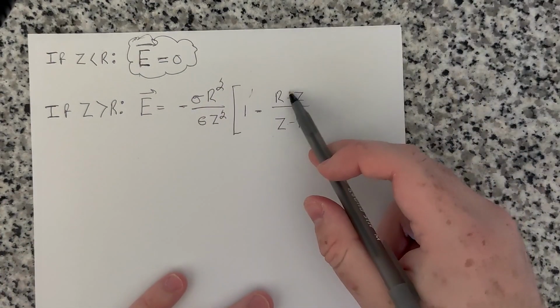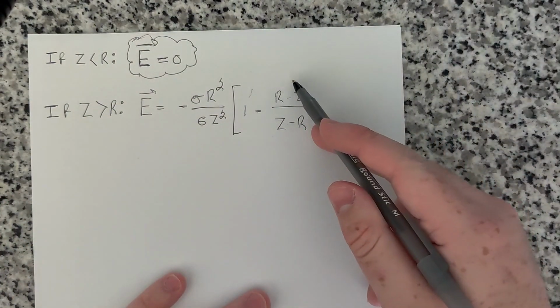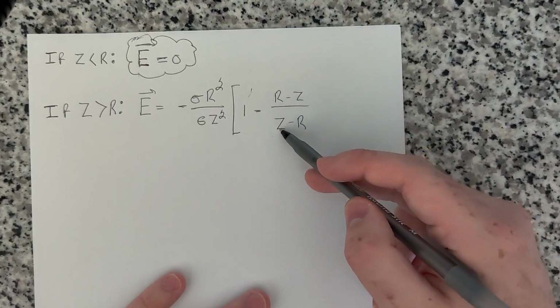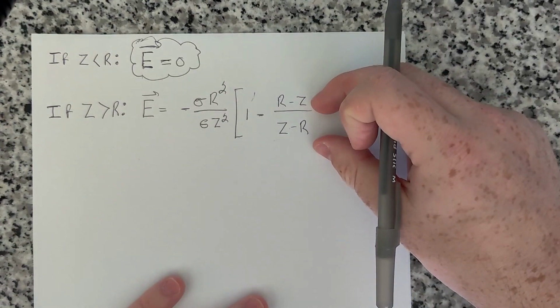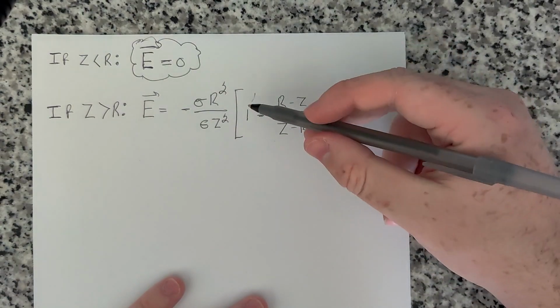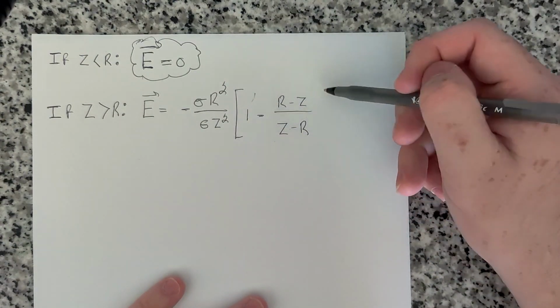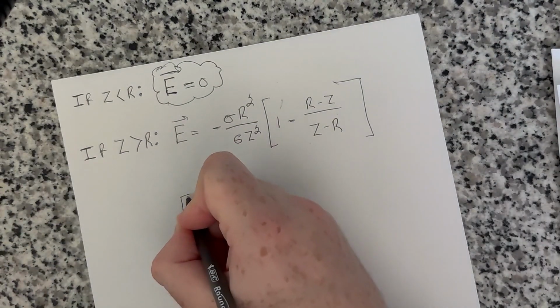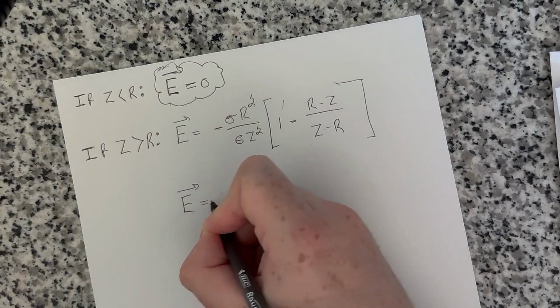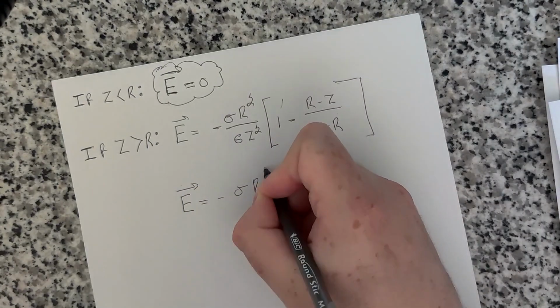Remember, in this case z is greater than r, so r minus z is negative, and z minus r is positive, so this is going to be a negative 1. So we're going to have a minus negative 1, which is going to make this a 1 plus 1, which is 2. So what we have is the electric field is minus sigma r squared.